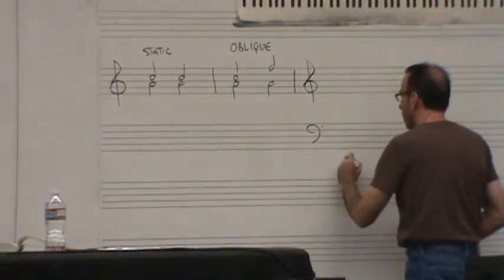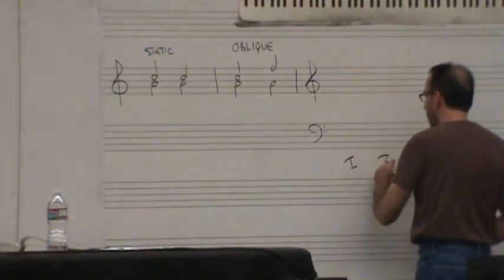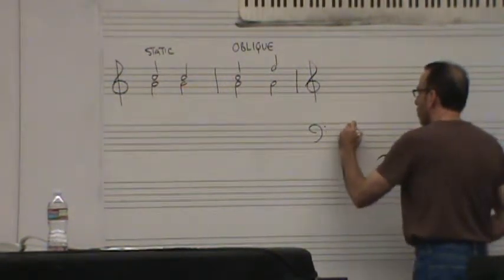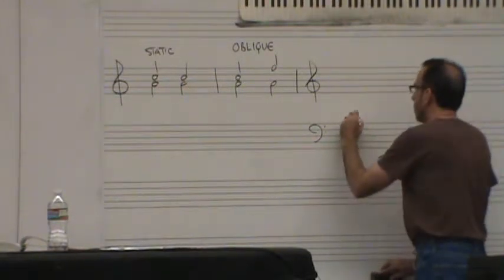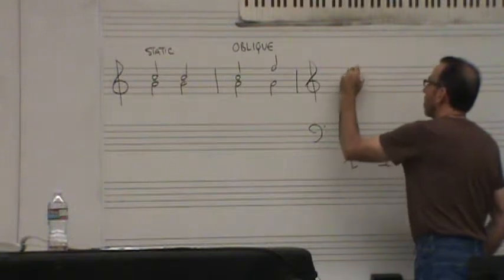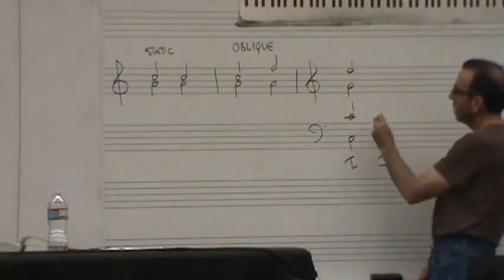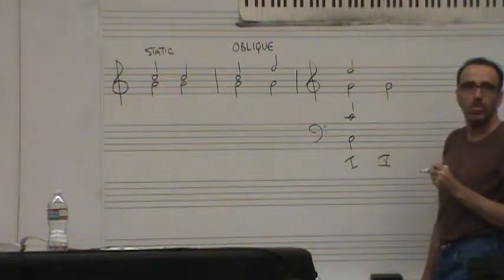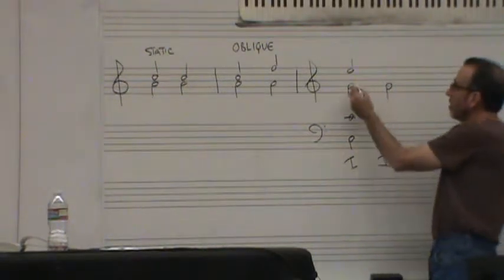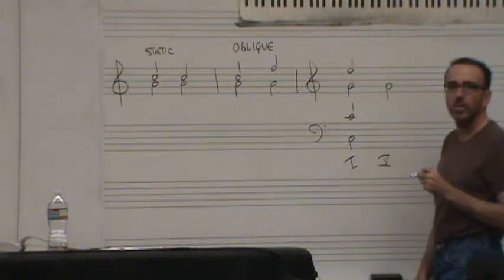if I was moving from a 1 chord to a 5 chord, here's my 1 chord. Then I know in the 5 chord I'm going to have another G. In fact, I'm going to have 2 of them, right? So it'd be a good idea to start thinking, well, I'm just going to hold that G in place.